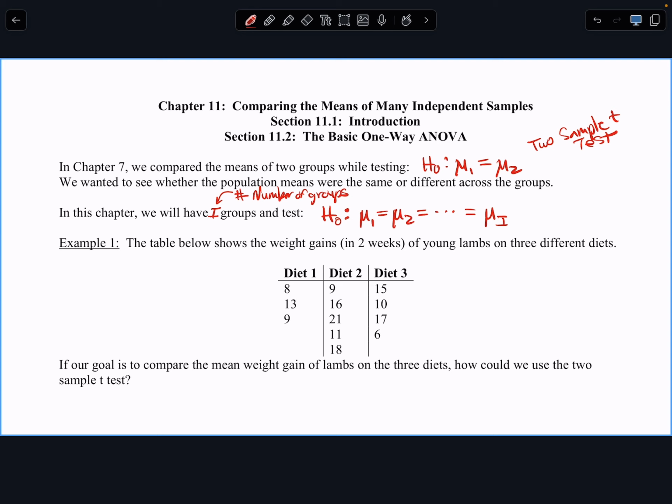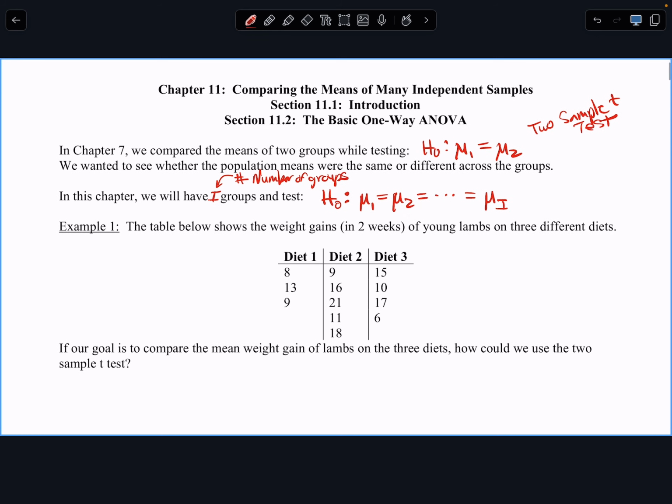And so I have this example here. It says the table below shows the weight gains in 2 weeks of young lambs on 3 different diets, right? So we have diet 1, diet 2, diet 3. So we have a grouping variable, which is type of diet, and we're just giving the number of the diet. And then we measure the weight gain of the individual lambs, right? So on diet 1, we have 3 lambs.